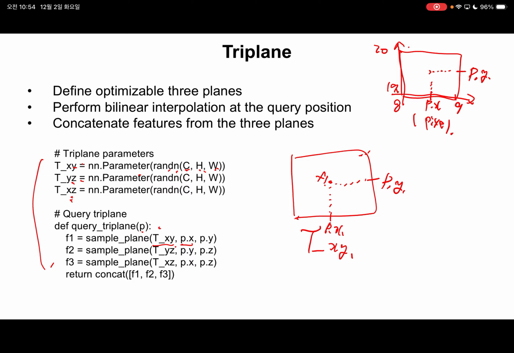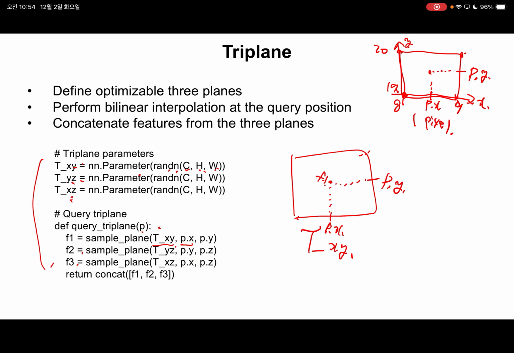This is the y-axis, this is the x-axis. Each pixel has some color values, then we can interpolate using these 4 neighbor pixels. If P is at the very center of these 4 pixels, then we can just take an average of these pixel values, right? This is called bilinear interpolation, and we can perform bilinear interpolation to get F1, F2, F3.